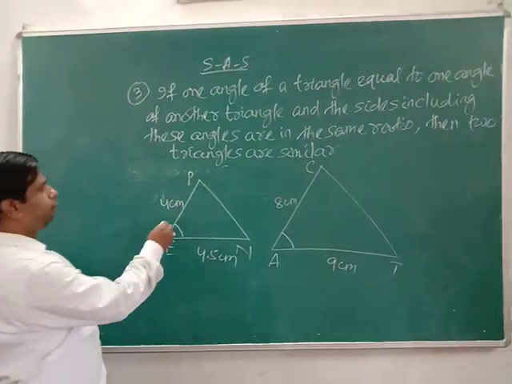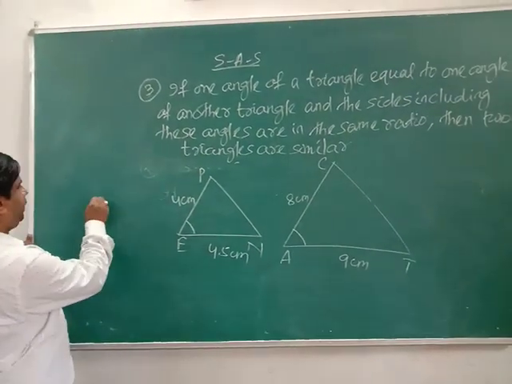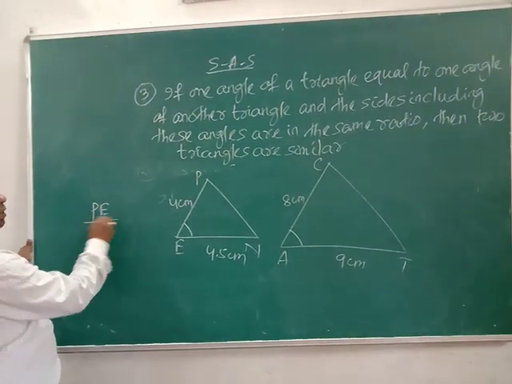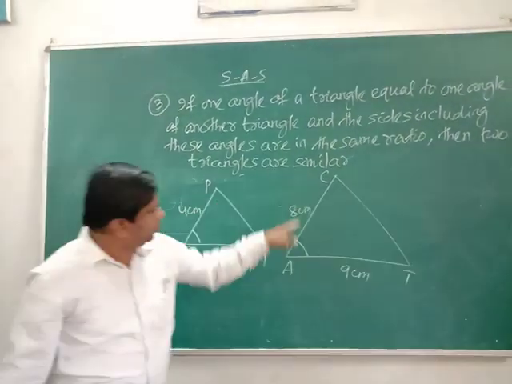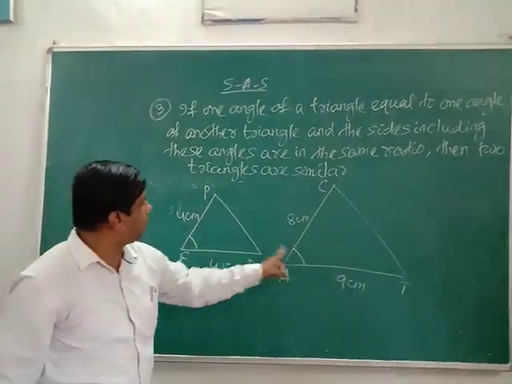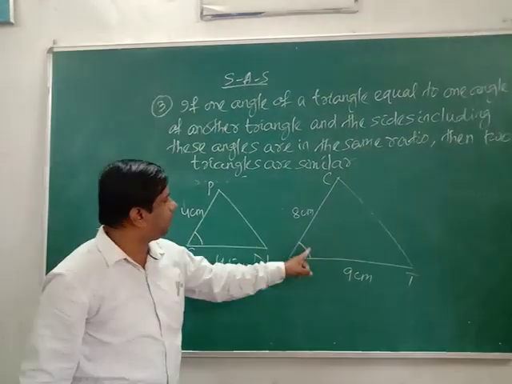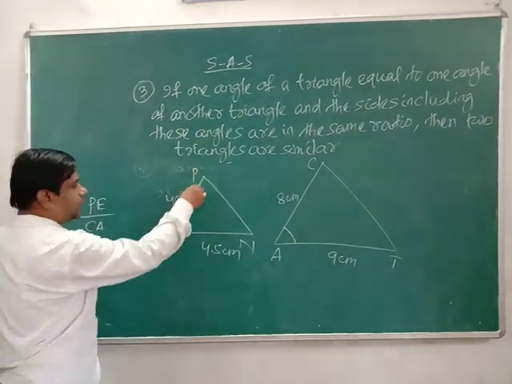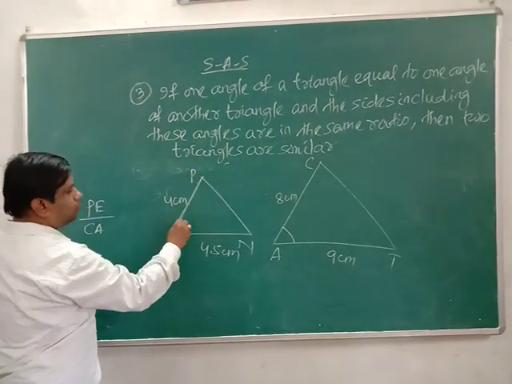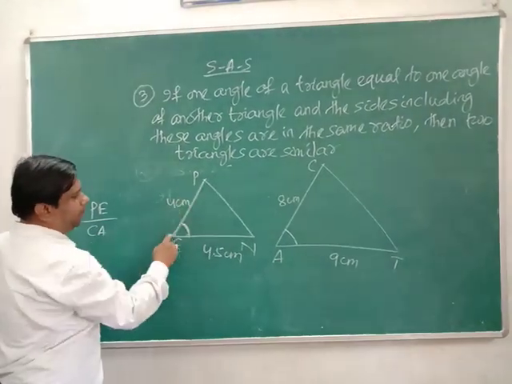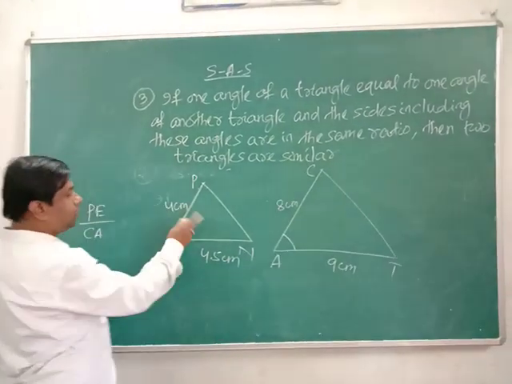So if you take the ratio of PE upon CA, now you see one of the angles is equal. So angle E is equal to angle A. So what is the included side? You see the sides including these angles. So angle E is in between PE and EN. That means these two sides.